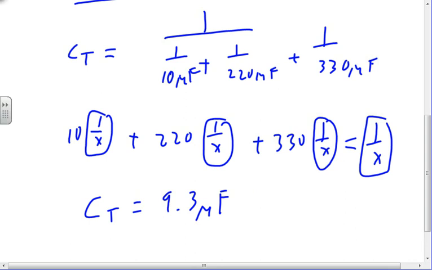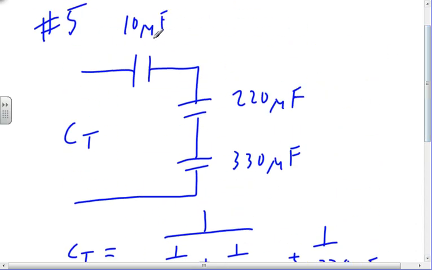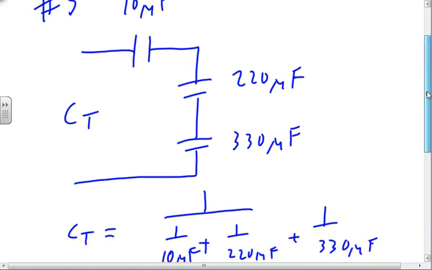If I had a 10, a 10, and a 5, for example, the 10 and 10 would make 5, and the 5 and 5 would make 2.5, just like it would if I had resistance in parallel. So I could use the same rules.